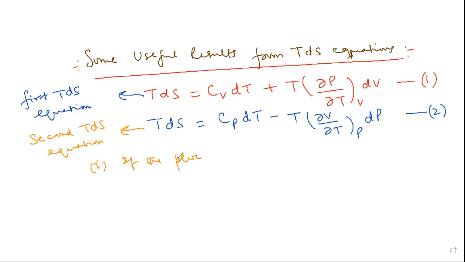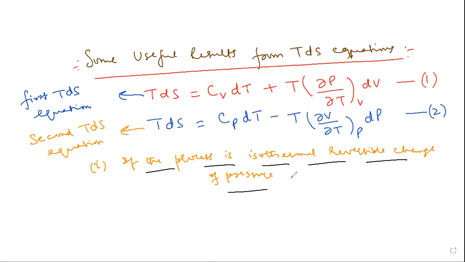If the process is isothermal, a reversible change of pressure, so what can we obtain from the second equation?